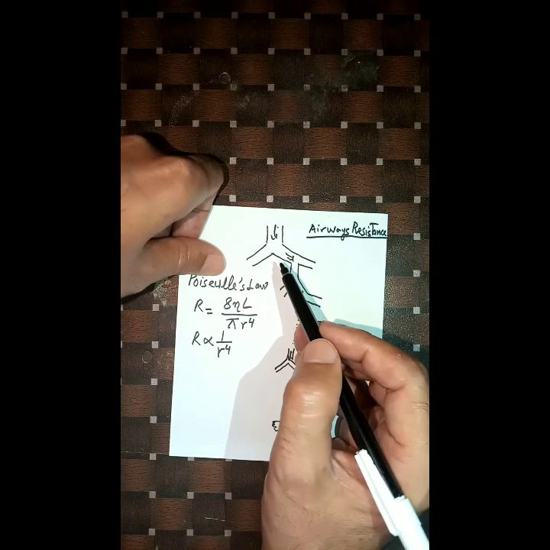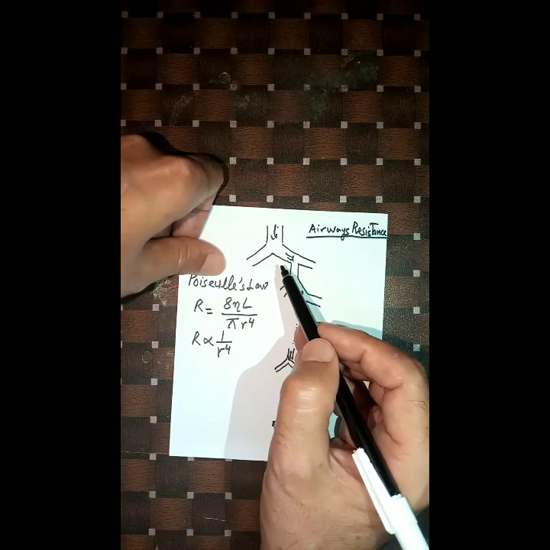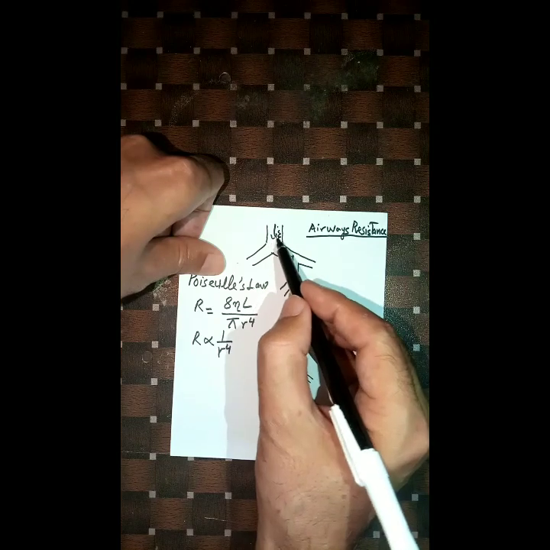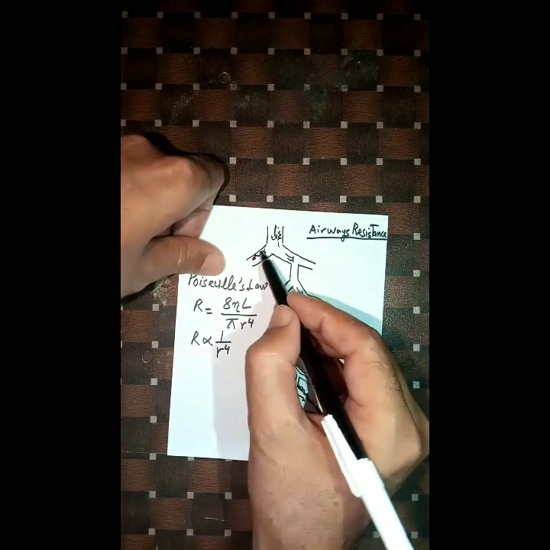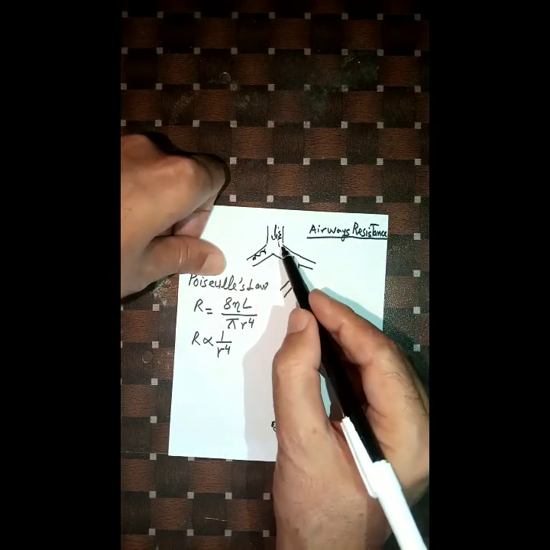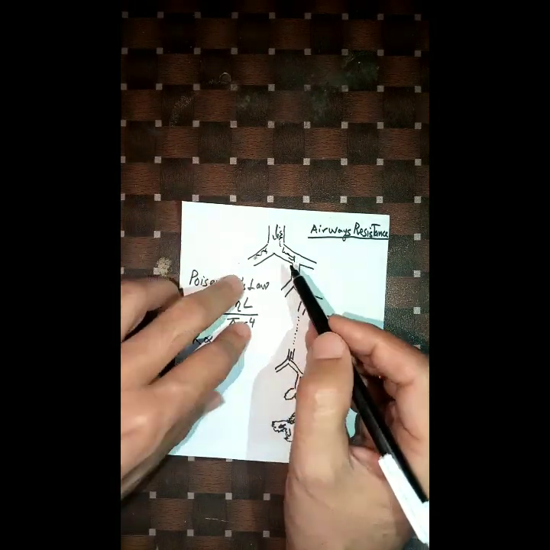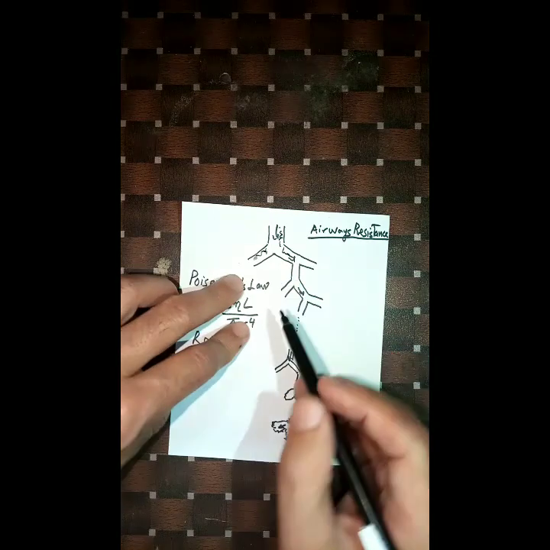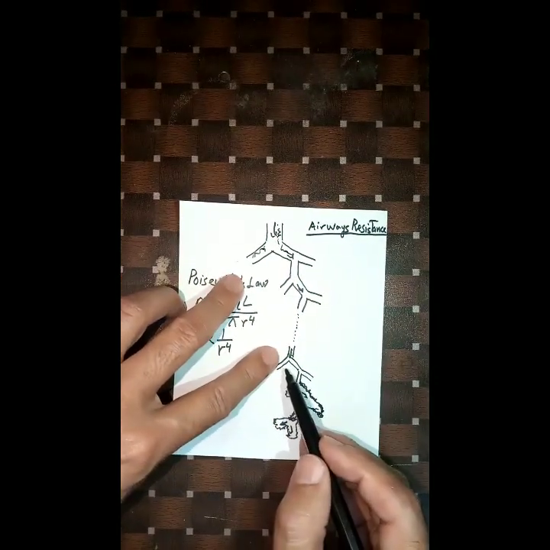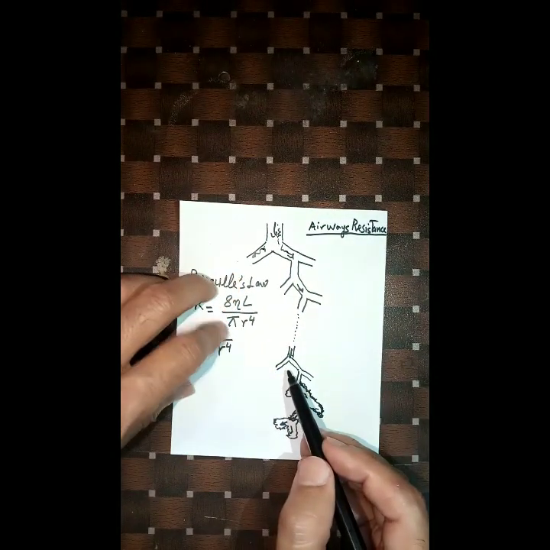Their diameter normally does not change, but mucus accumulation from allergies or infections can dramatically increase resistance. Normally, bronchioles do not contribute to airway resistance.